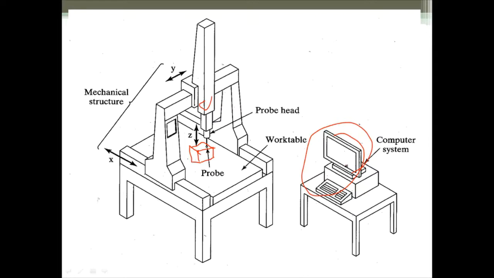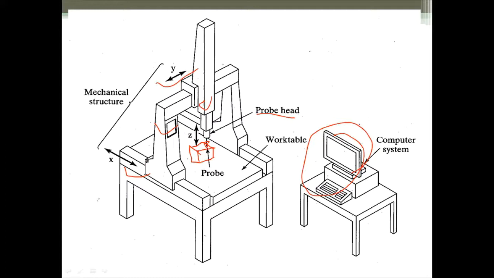A basic CMM has the following components: the probe head, the probe to contact the work part surface, and the mechanical structure. Here you can see the mechanical structure.